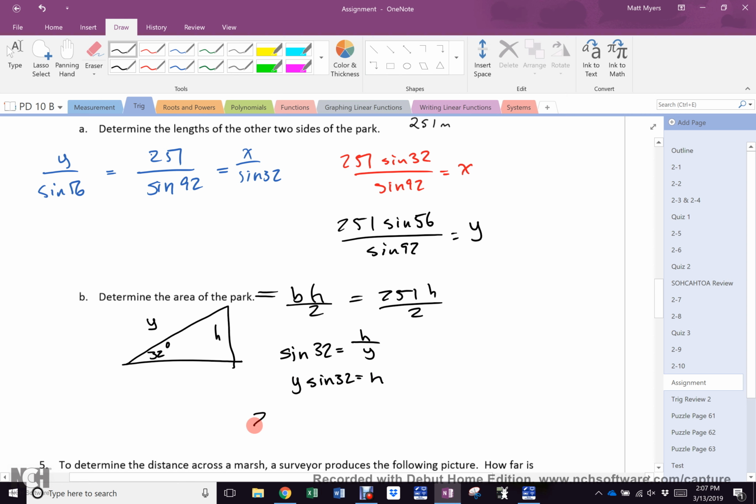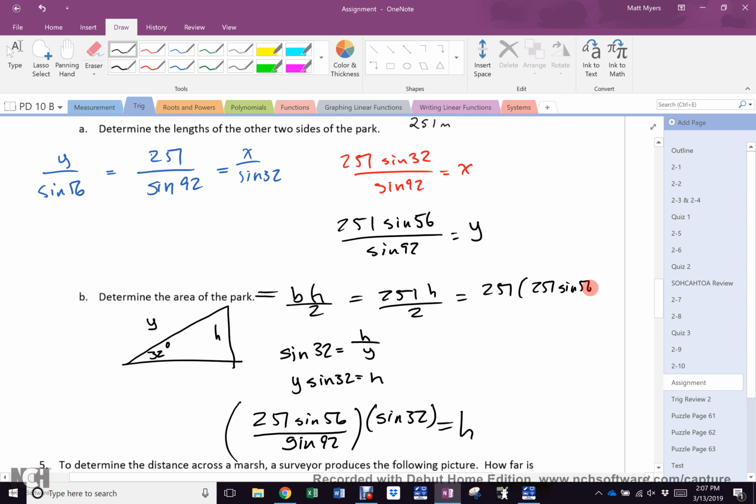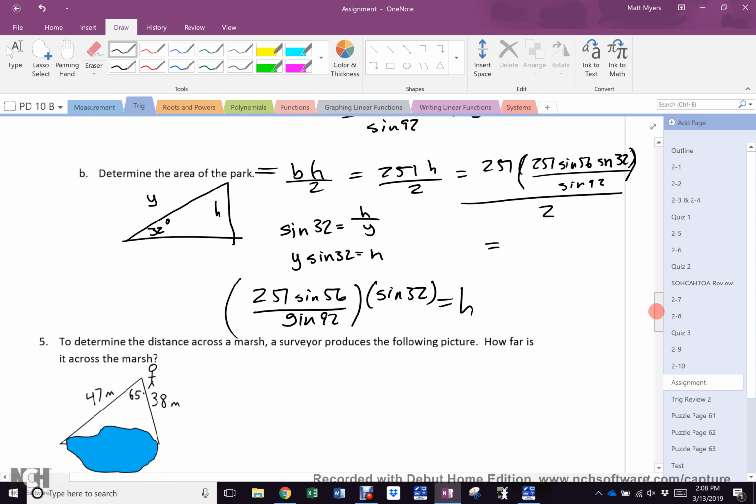Y is right there. 251 sine 56 over sine 92 times sine 32 will equal H. That's H. That goes right there. So 251 times 251 sine 56 sine 32, all of that over sine 92, and then all of that divided by 2 to get a final answer.